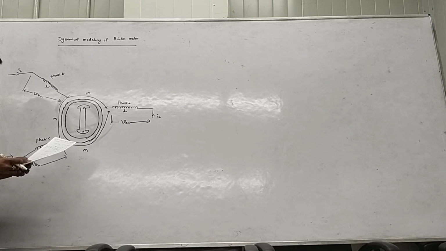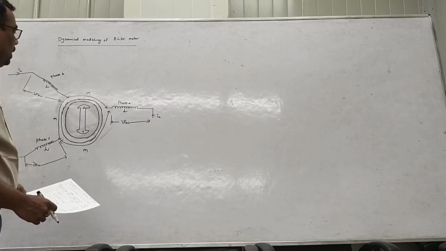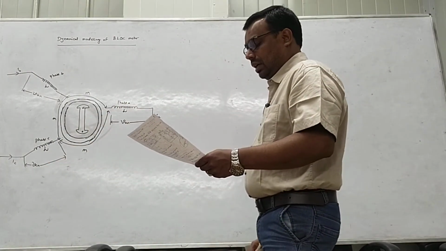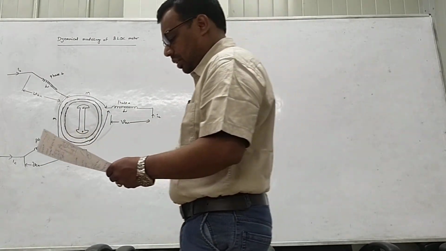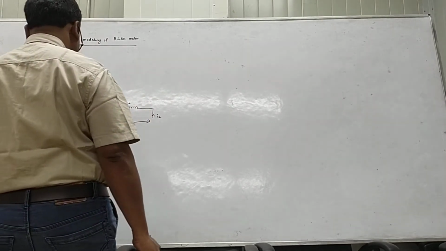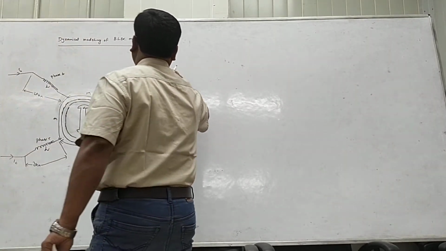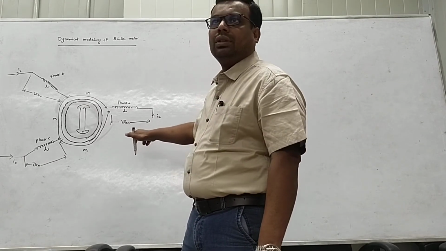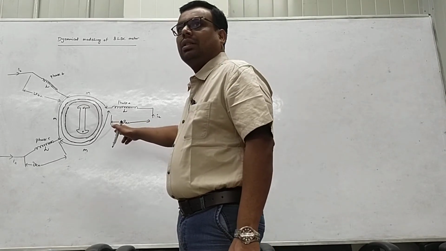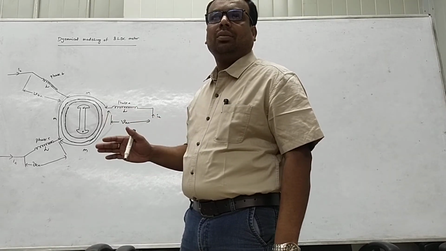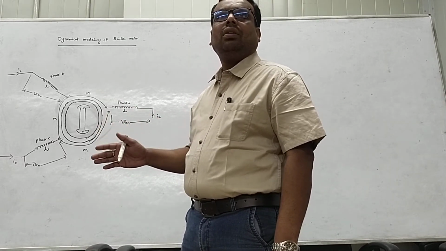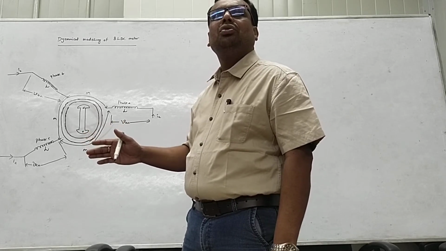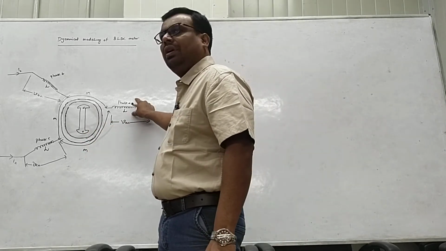The applied voltages are VAN, VBN and VCN, and there are resistance drops, the rate of change of flux linkages, and the induced EMF. If you write the equation for VAN, it consists of the resistance voltage drop, the rate of change of flux linkages, and the induced EMF produced in the phase A winding.